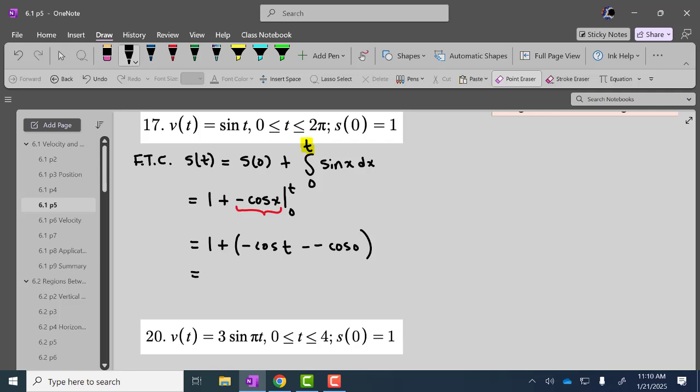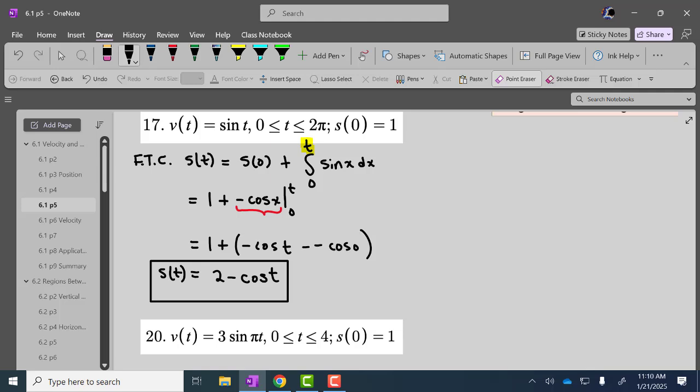Cosine of 0, so imagine your unit circle. Cosine is the first coordinate, sine is the second coordinate. Alphabetical order, C, comma, S. Cosine, comma, sine. So cosine of 0 is 0 radians, 0 degrees. We're over there. Cosine is the x-coordinate, so it's going to be 1. So this is going to end up being 2 minus cosine of t. So there is our future position, aka our position at time t.